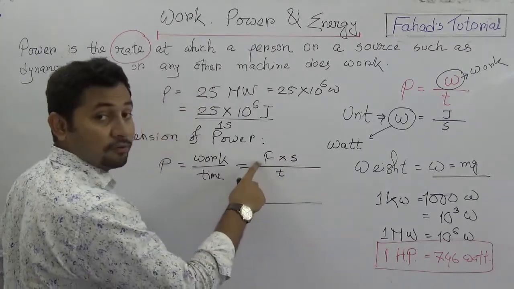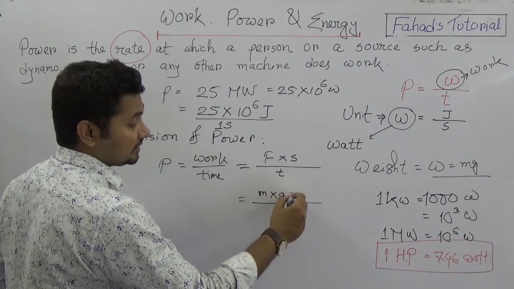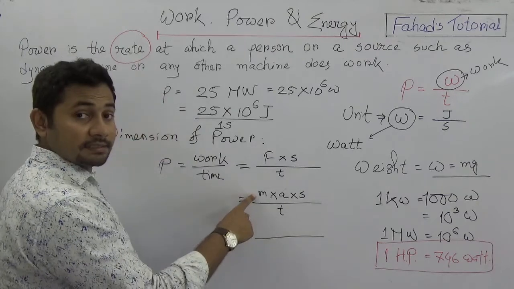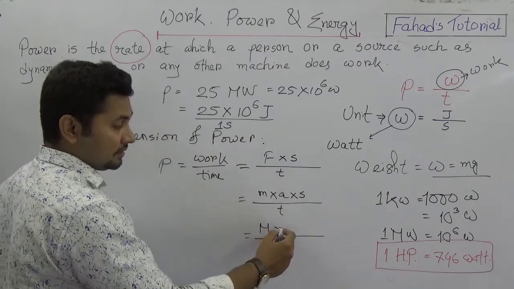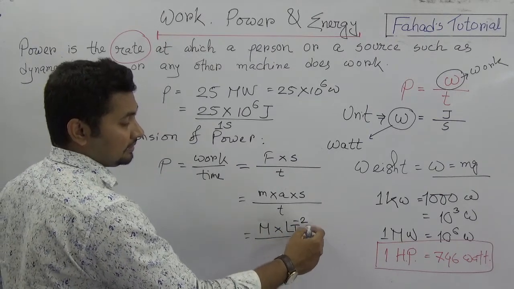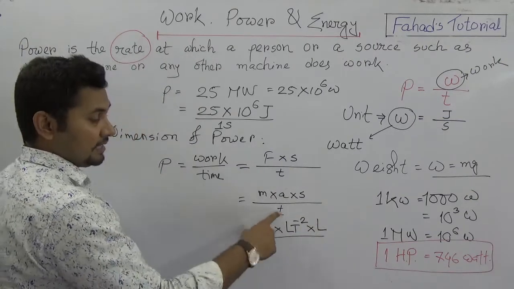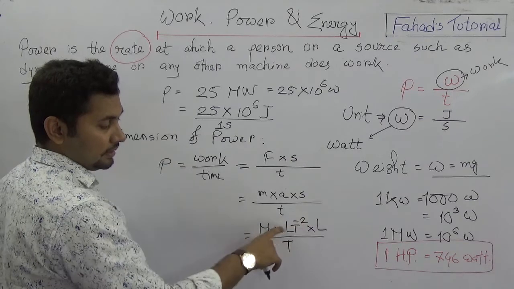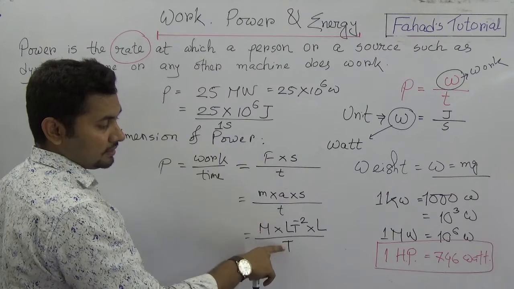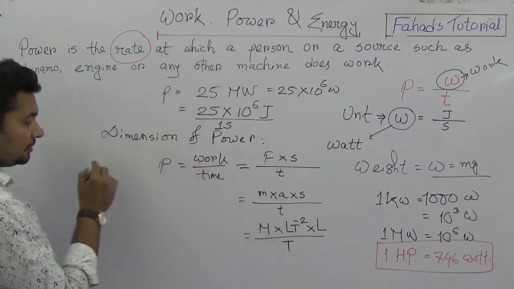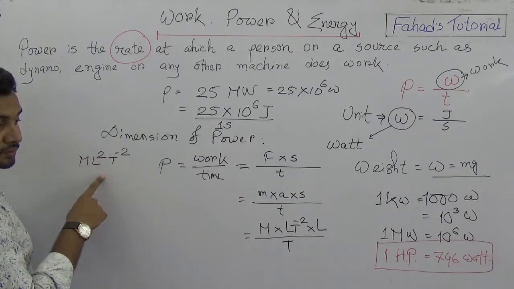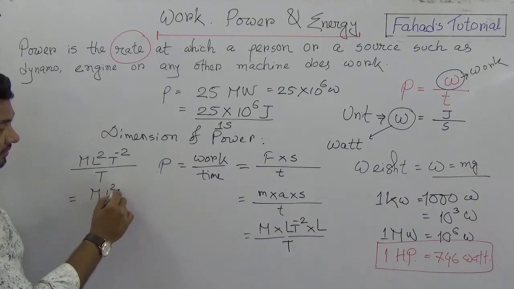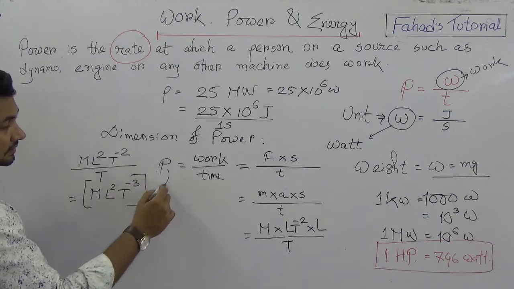The dimension of force comes from F equal to ma: mass is M, acceleration is L T inverse 2, and displacement is length L. So work is M L square T inverse 2, and dividing by T, it would be M L square T inverse 3. So that is the dimension of power.